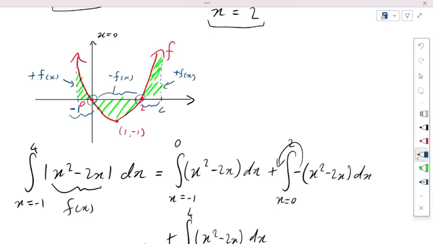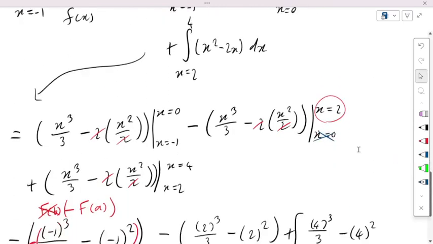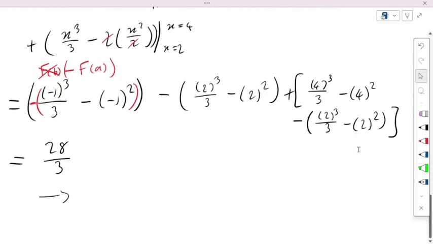This is equal to 4, sorry. From 2 to 4, it's about the same as from 0 to 2, right? Because it's also 2 intervals on the x-axis, but we have an extra 1 interval here. So that means this answer should be positive. The positive overtakes the negative, so therefore our answer here would be positive.